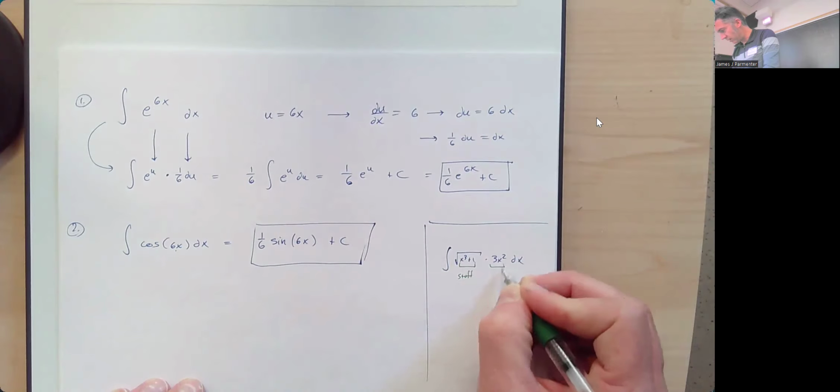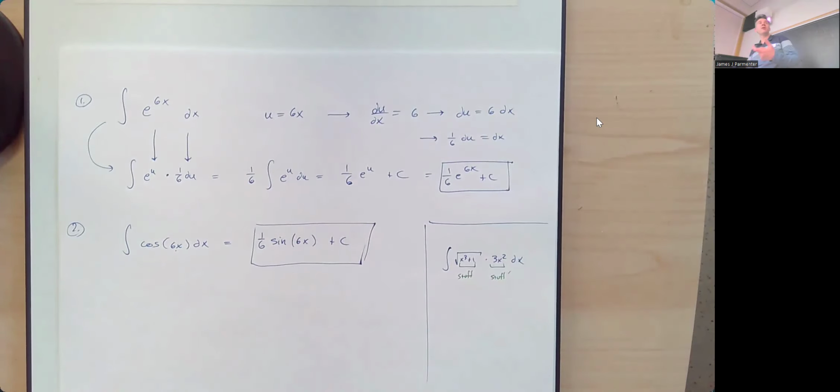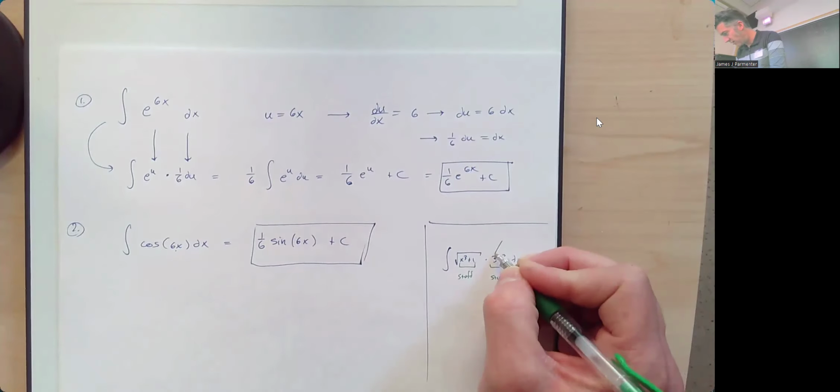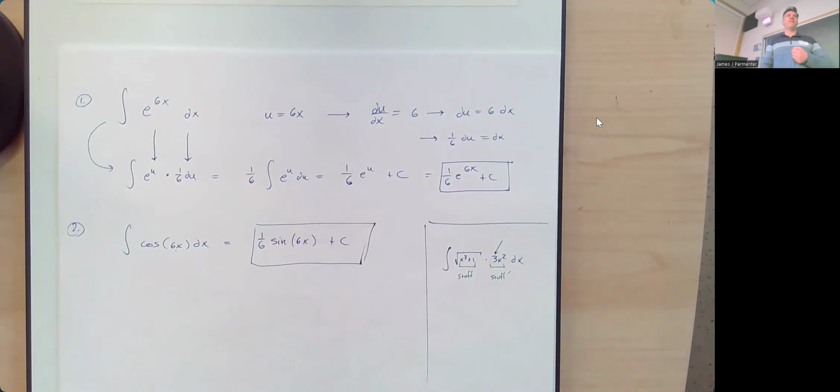And this 3x squared is your stuff prime. So you're always looking for the stuff in the chain rule whose derivative is also there, or something that's close enough to its derivative. The 3 there is inconsequential. You don't really have to have that for things to still work out.